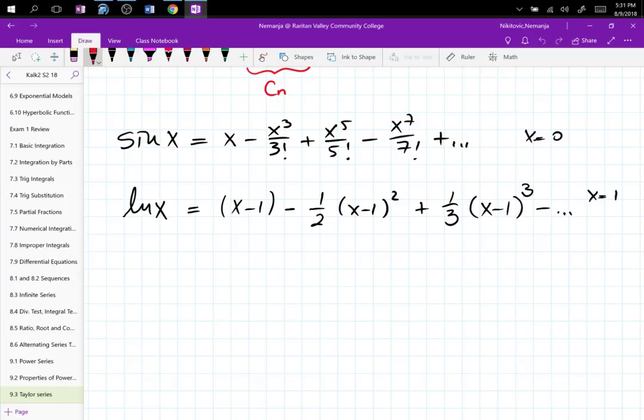So this is just a special name for a special case. If you are expanding around 0, you can call it a Maclaurin series. If you call it a Taylor series, it's still fine, right? But if you call it a Taylor series, then you have to specify that you are expanding around 0.